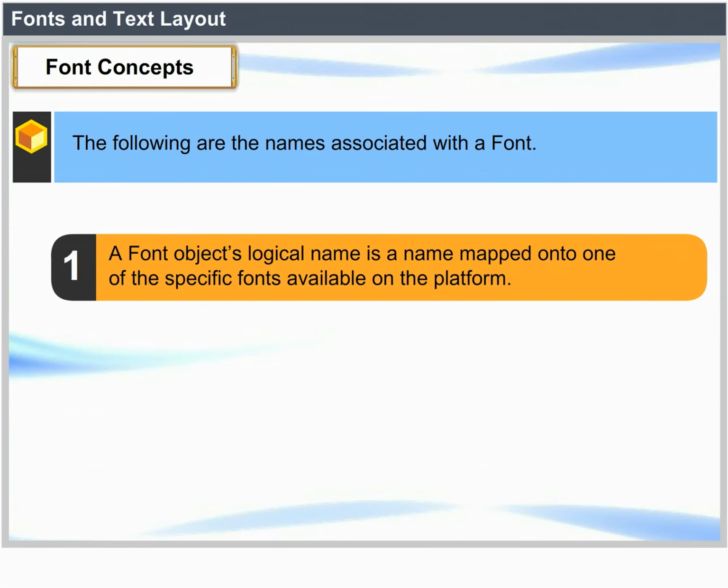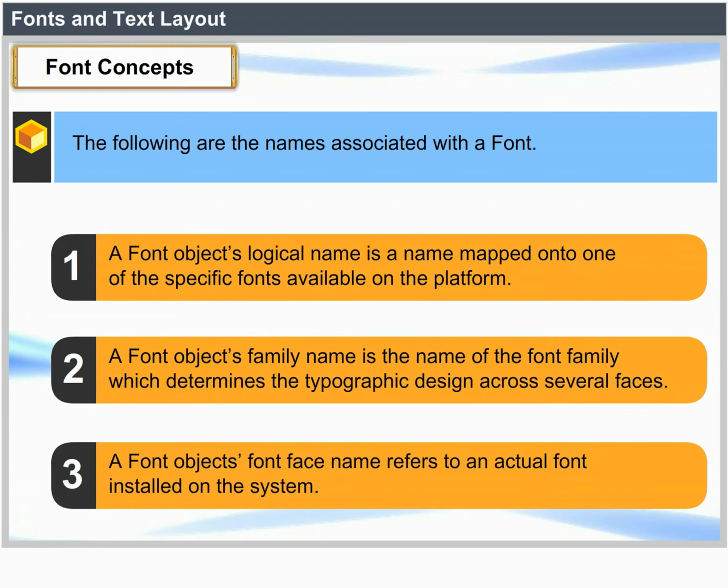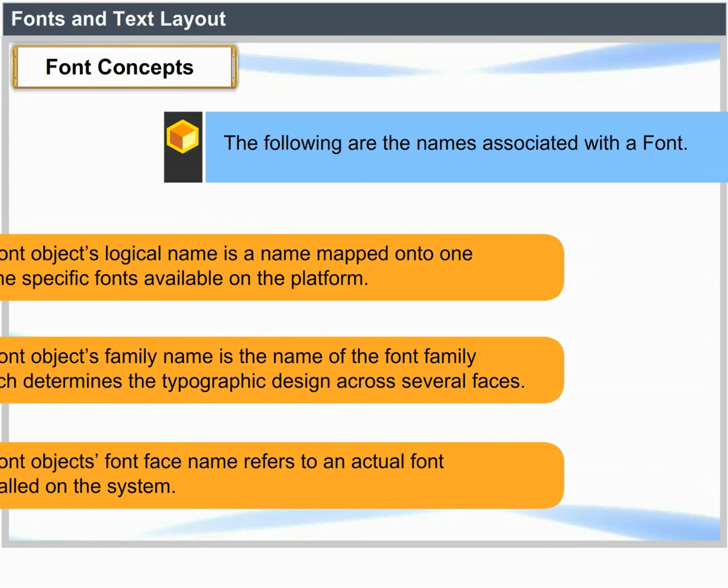A font object's logical name is a name mapped onto one of the specific fonts available on the platform. A font object's family name is the name of the font family, which determines the typographic design across several faces. A font object's font face name refers to an actual font installed on the system.